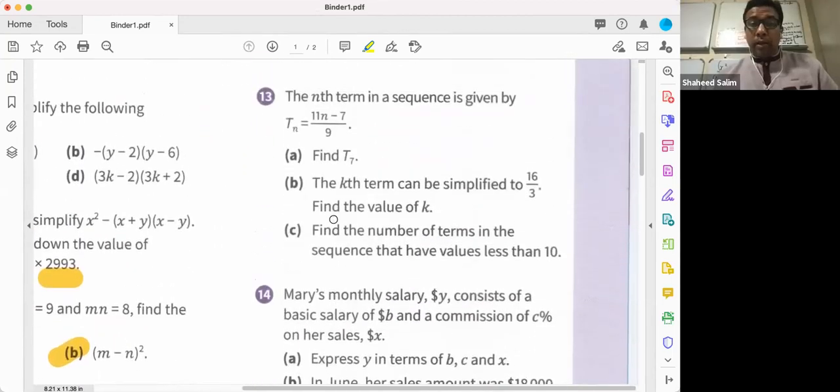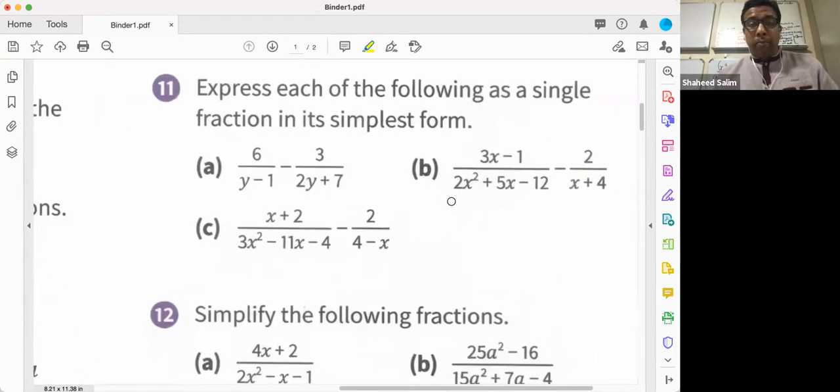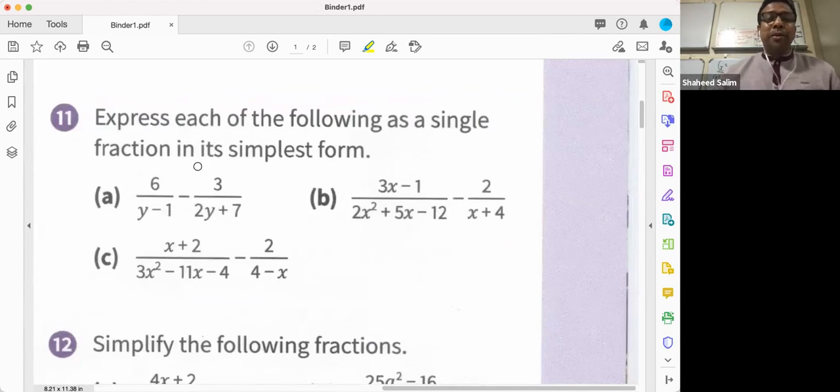Okay, now we try those that I think probably may come out. Okay, this one, you must know this one.